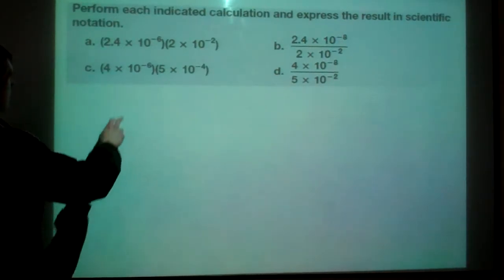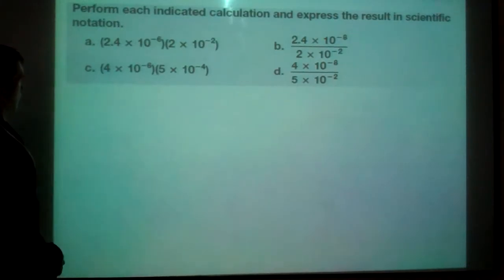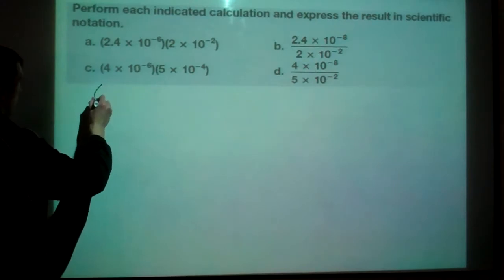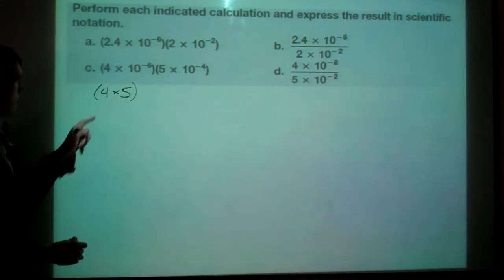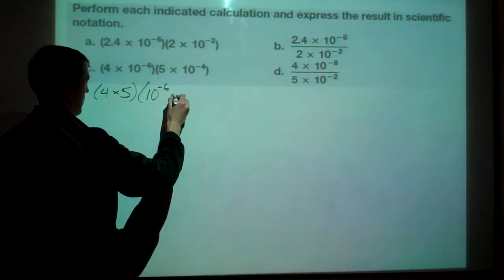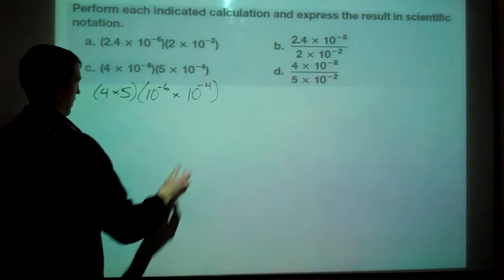So C is 4 times 10 to the negative 6 times 5 times 10 to the negative 4. So we want to put 4 times 5 together first, and we're going to put 10 to the negative 6 times 10 to the negative 4 together.